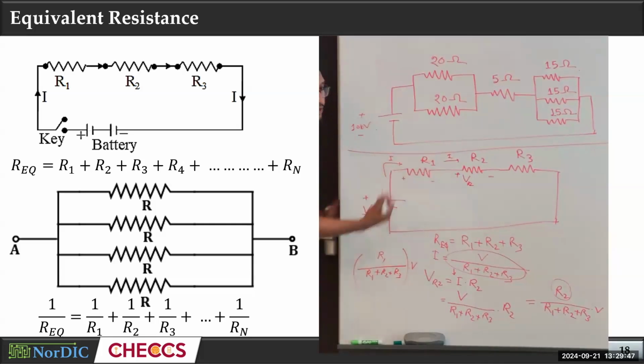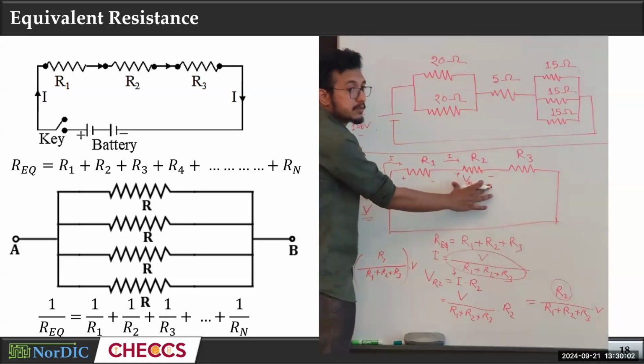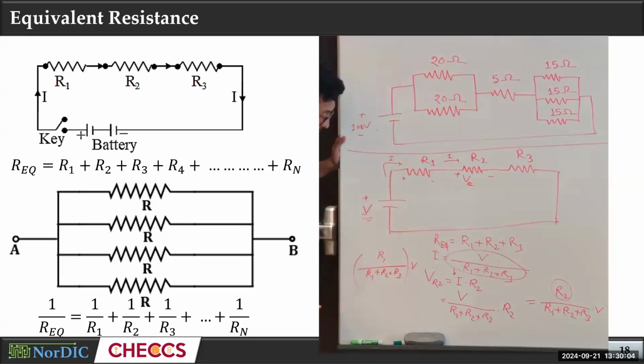Then you will get the voltage. You don't have to actually calculate the current and then multiply it with the resistance. This is called the voltage division formula or voltage division rule. And this will be the voltage across R1.